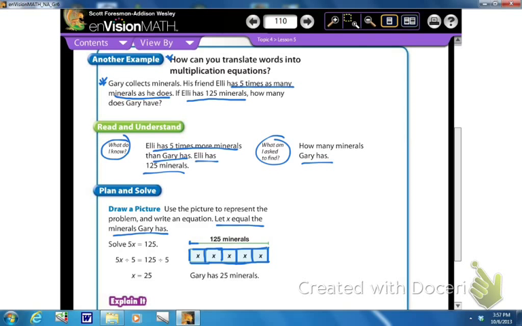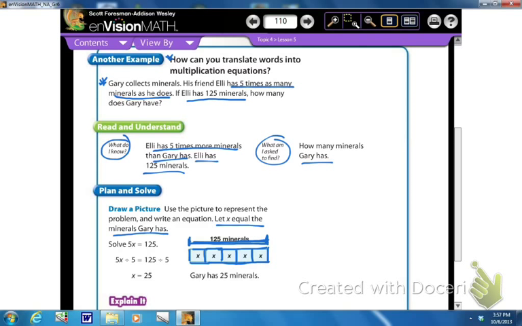And we know that this total that Eli has of these 5 x's is 125 minerals. Remember, Gary has x number of minerals. We don't know what x is, but Eli has 5 times x, which is why I have 5 x's connected. And we do know that this total, 5 times x, equals 125 minerals.